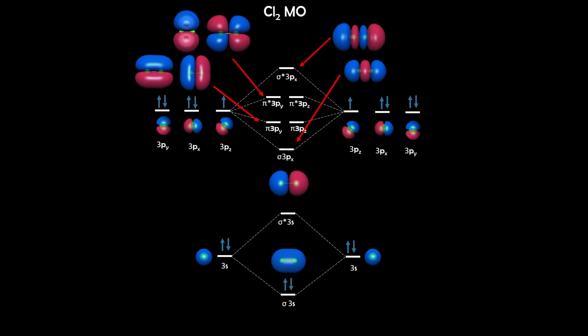Now we fill the 14 valence electrons because each chlorine contributes 7 valence electrons. The bond order is the bonding electrons minus the antibonding electrons divided by 2. For chlorine, the bond order is 6 minus 4 divided by 2, which is 1. So the molecular orbital diagram predicts a single bond, which agrees with the Lewis structure.